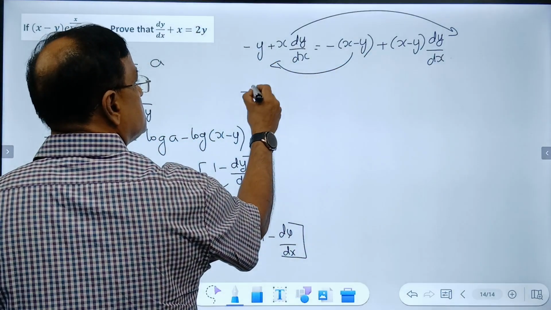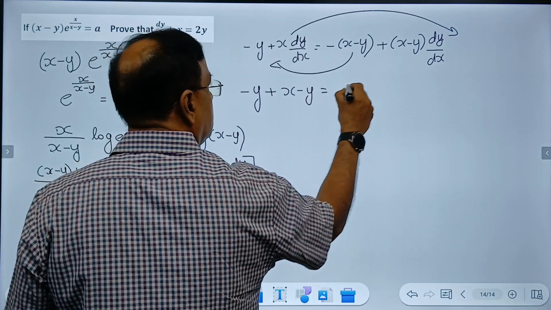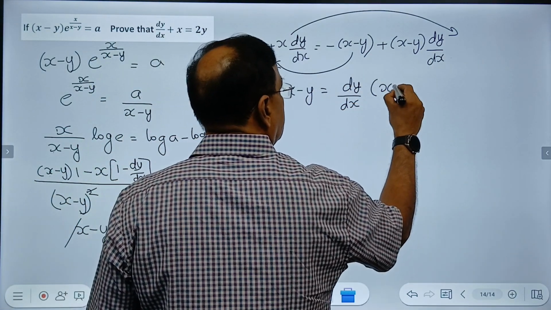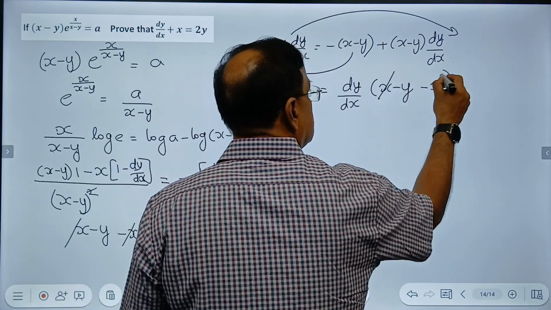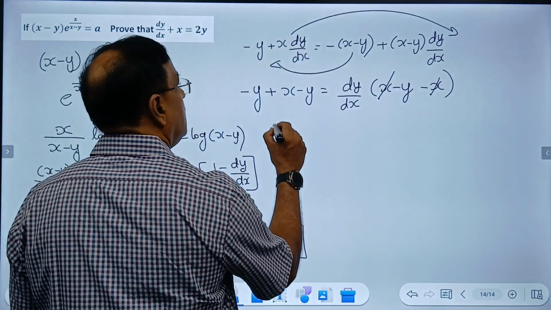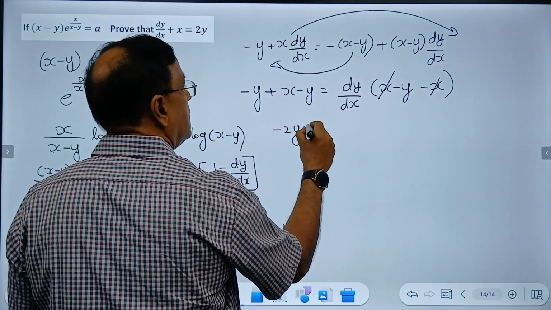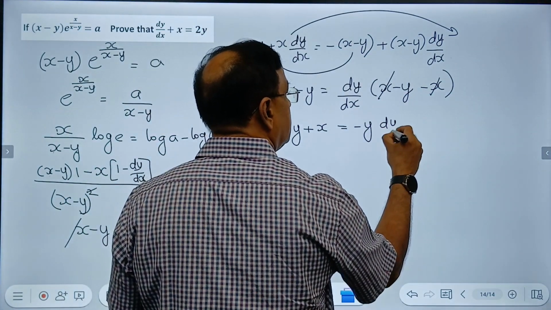So I get minus y plus x minus y equal to, dy by dx is common. What will I get? X minus y minus x. This can be cancelled. So this will become minus 2y plus x equal to minus y into dy by dx.